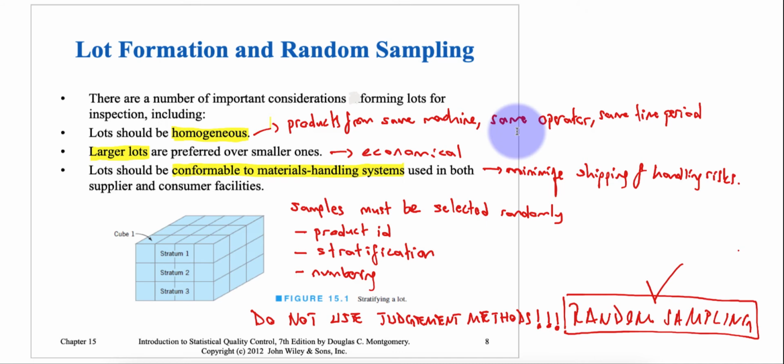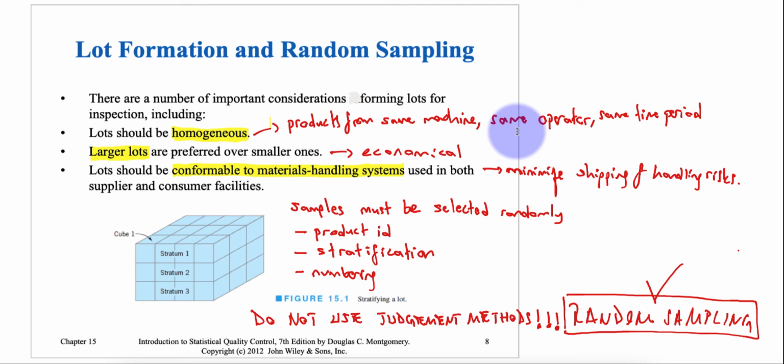And larger lots are preferred to small ones, and lots also should be conformable to the material handling systems, so we will not cause any harm to the products in them. So for random sampling, we need to number the products, then we need to choose these numbers randomly from the lot. There are different ways to do that.